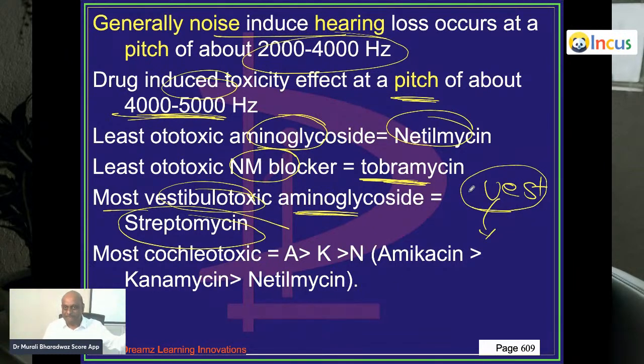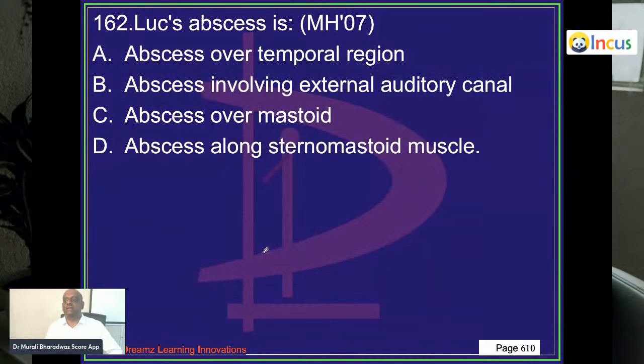We did some ENT part, right? Chandrasekhar sir also taught. So vestibulo is to do with equilibrium, cochleo to do with hearing. Most vestibulotoxic aminoglycoside is streptomycin. Most cochleotoxic is amikacin, more than kanamycin, more than netilmicin, is what you need to remember.